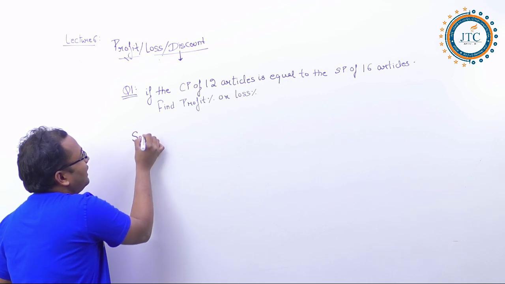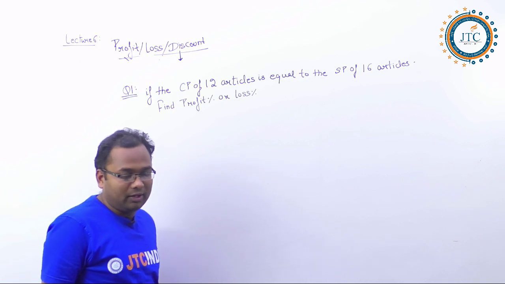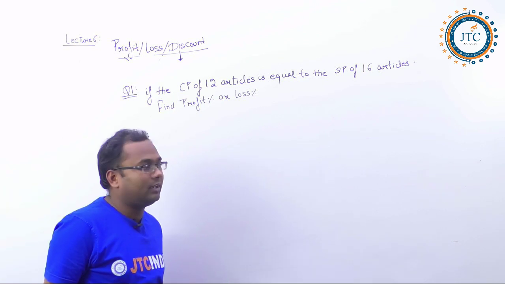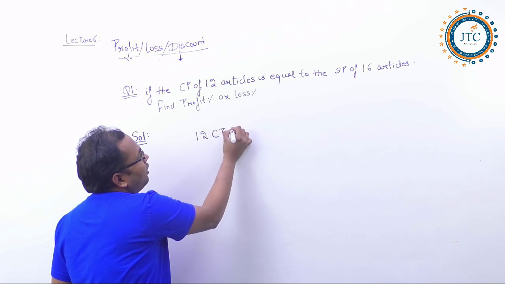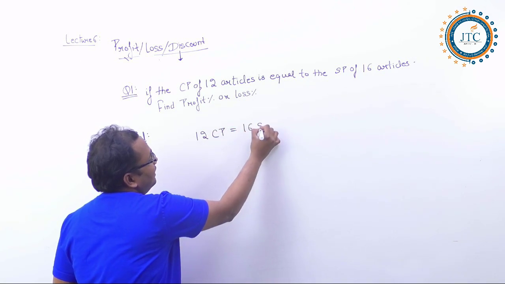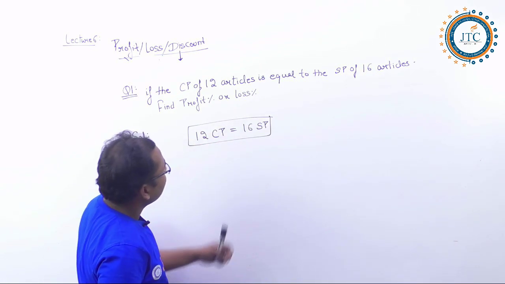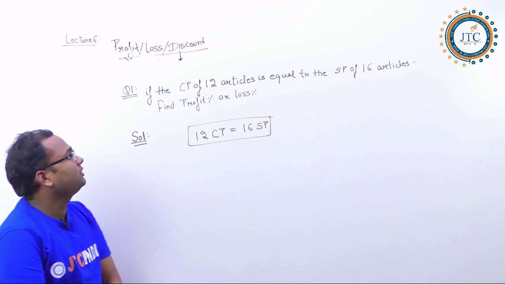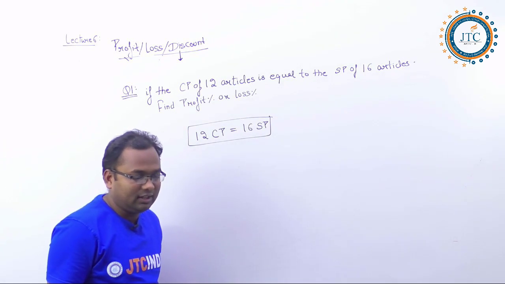So first of all, write, as given in the question, that the cost price of 12 articles is equal to the selling price of 16 articles.